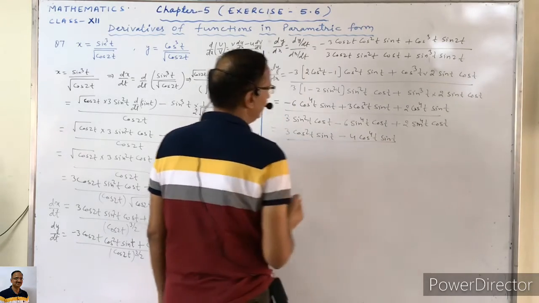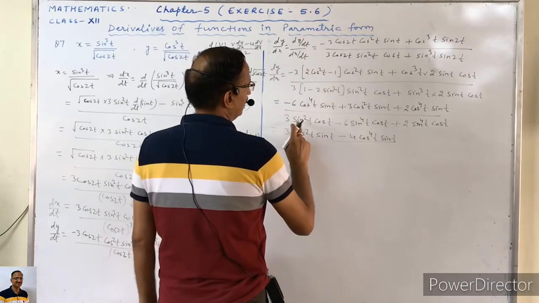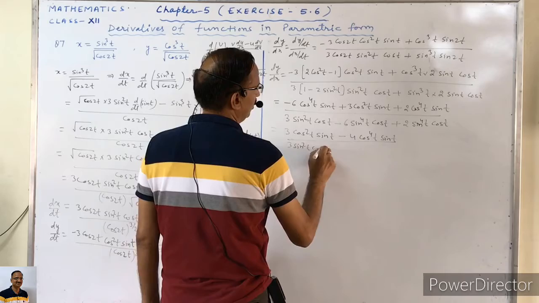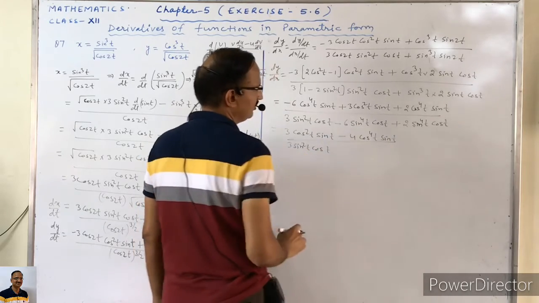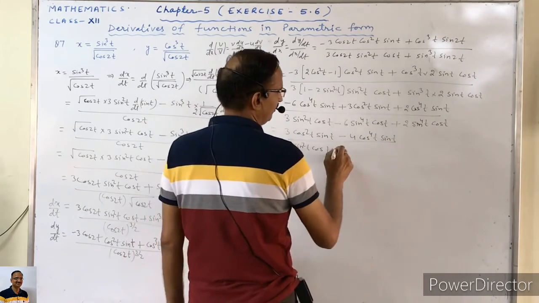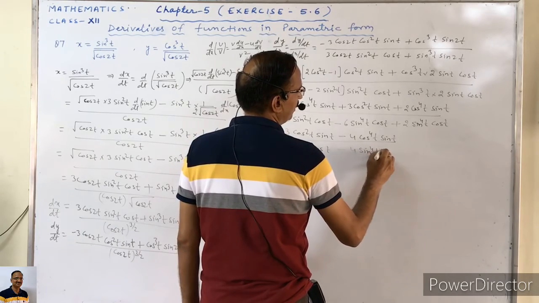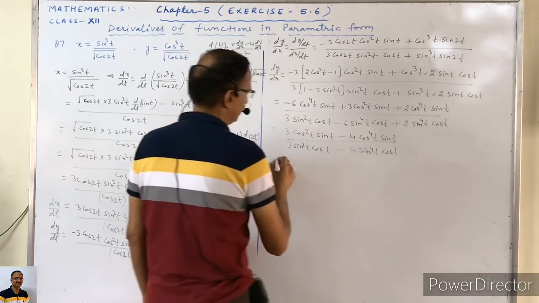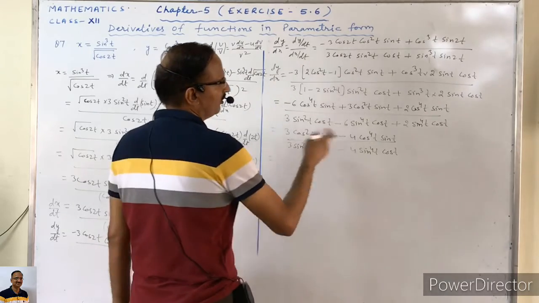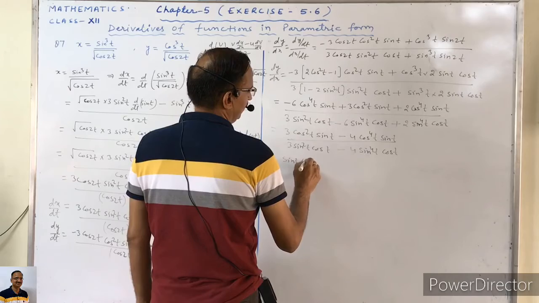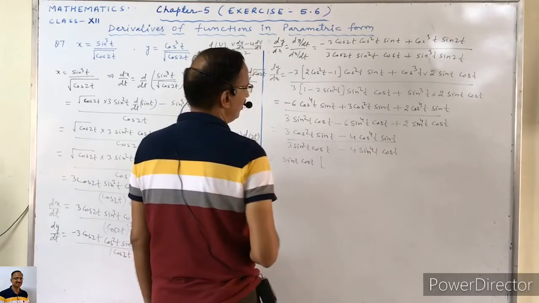In the denominator, this is 3 sin square t cos t. These are like terms. So when we subtract these two, we will get minus 4 sin raised to power 4 t and cos t. Now from the numerator, we will take sin t and cos t as common.